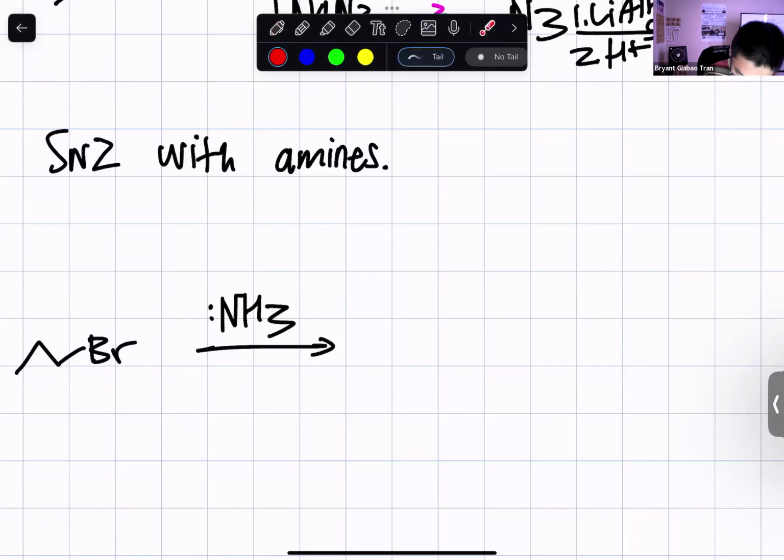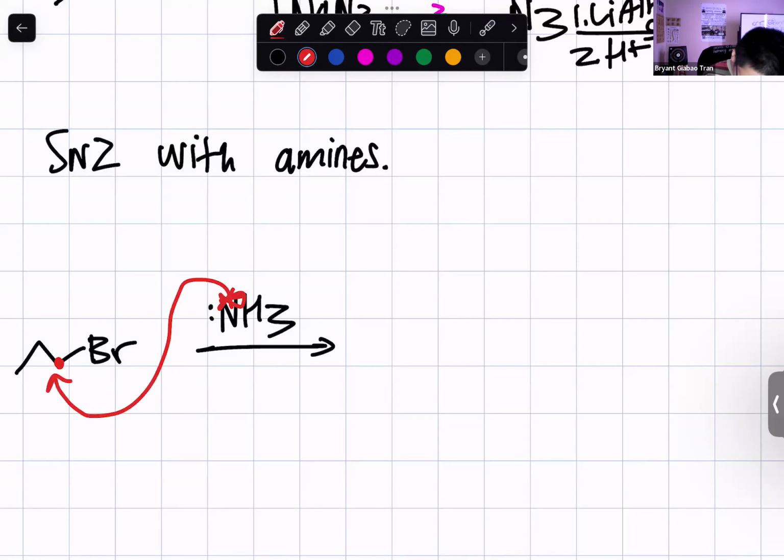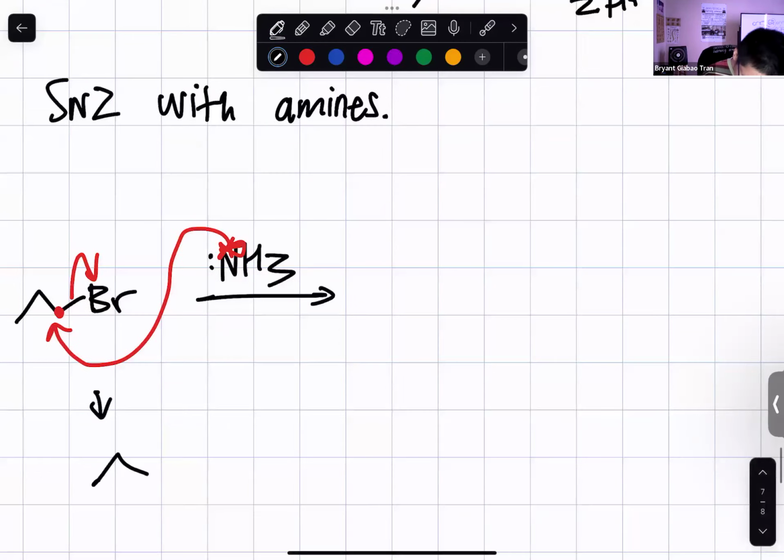This ammonia right here is going to be the strong nucleophile. This is going to be the electrophile, the dot. The nucleophile is going to be the star. Star attacks the dot, kicks out the leaving group. And we're going to have this new bond between the star and dot, between the nitrogen and carbon.